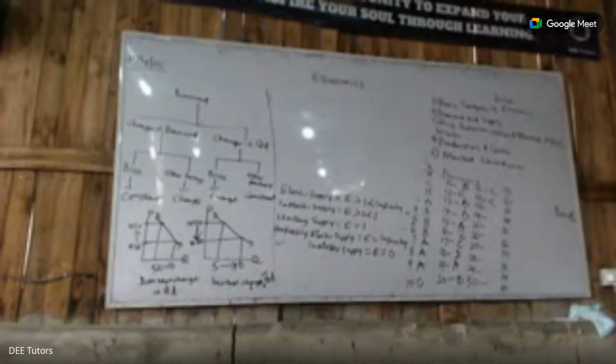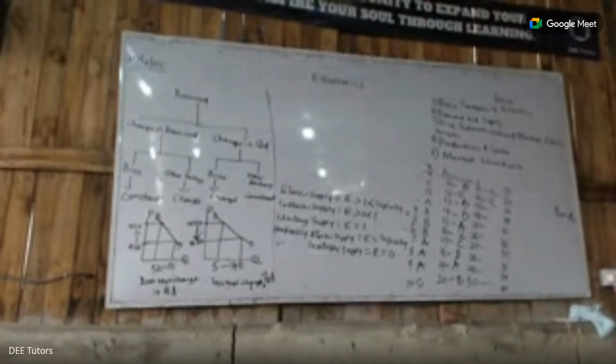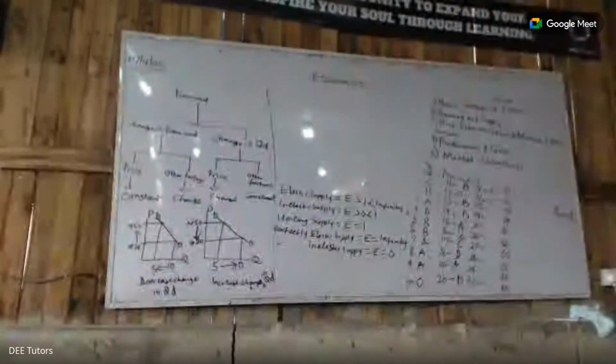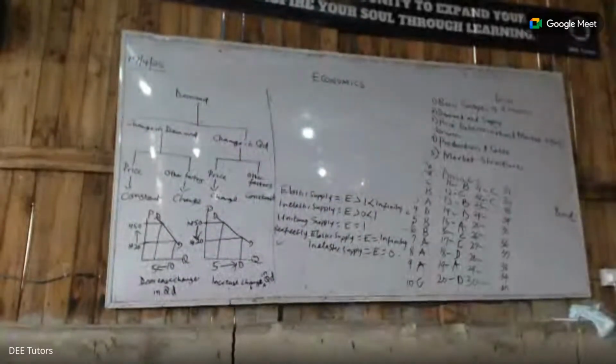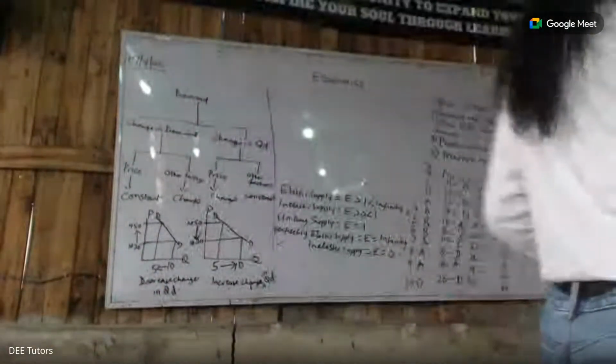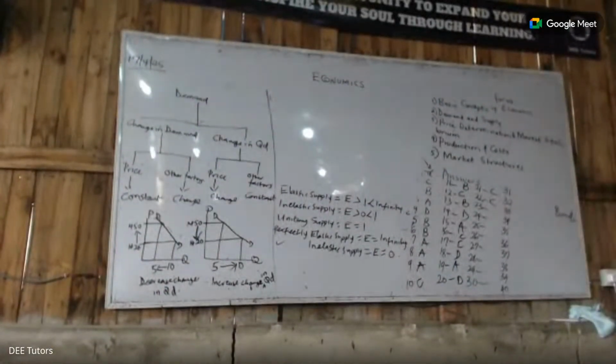Firstly, perfectly elastic supply. Supply is said to be perfectly elastic if a change in price has an infinite, uncountable change in quantity supplied.